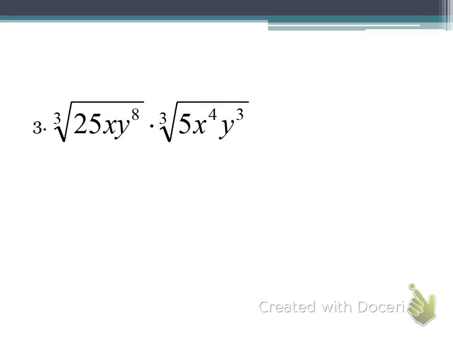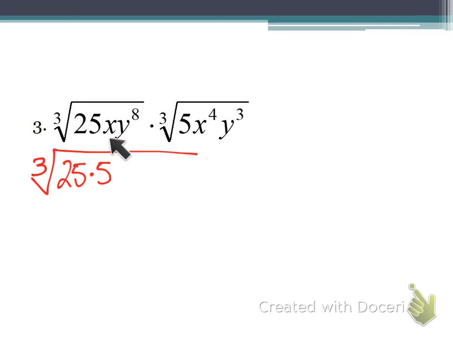On this one, we already talked about a little bit that we're looking for groups of 3. If we were to write it all together, one big happy family, we'd have 25 times 5. Let's write our variables singly with just one exponent so we can see what that would look like.